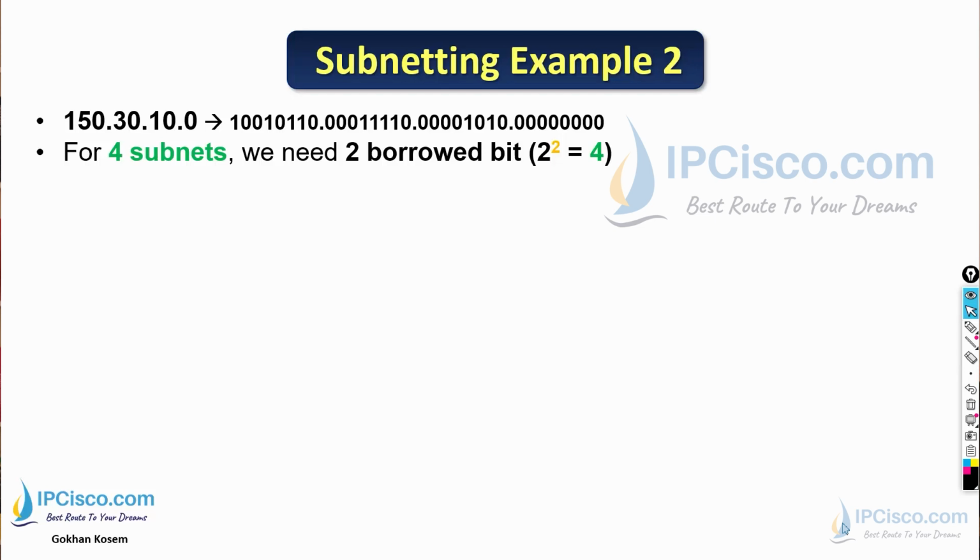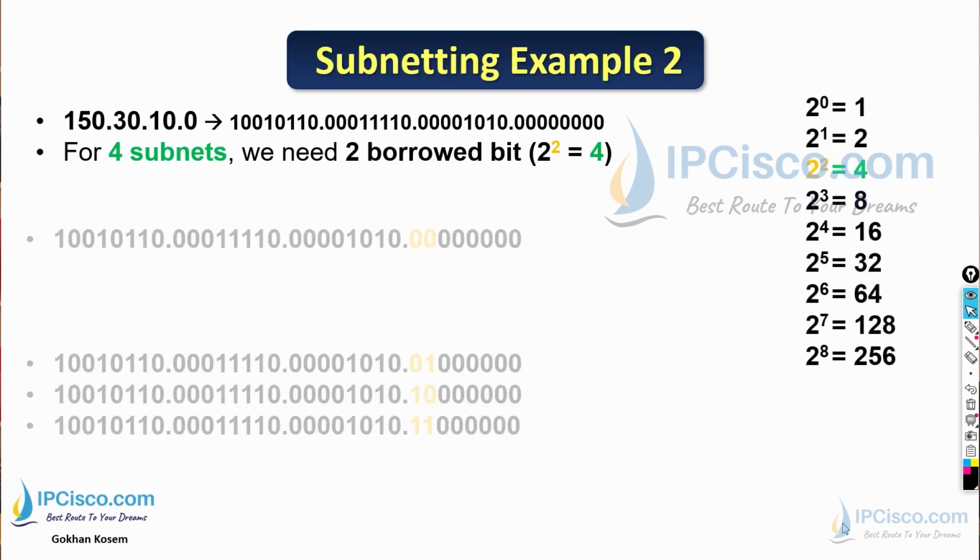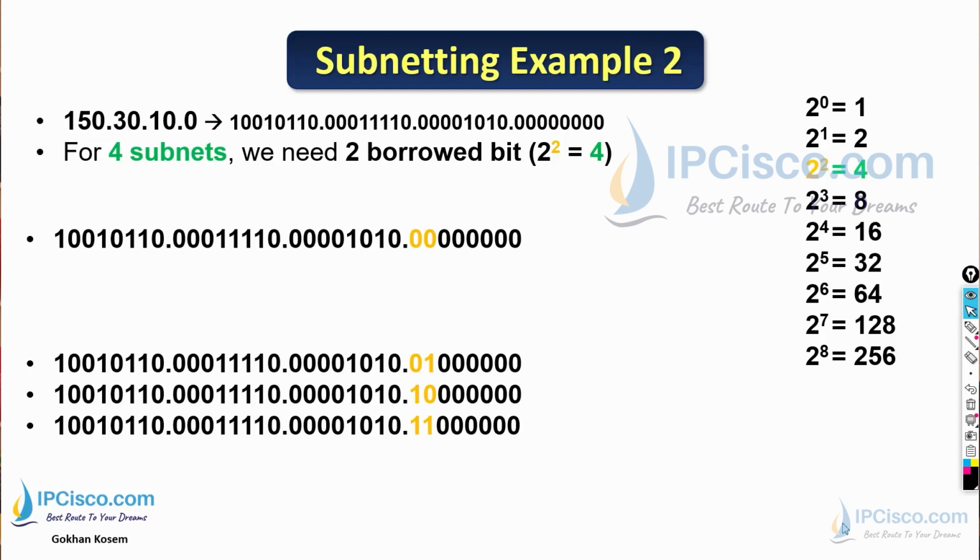Here x is 2. This means that we need 2 borrowed bits. And when we borrow 2 bits, there will be 4 different options: 00, 01, 10, and 11. And the network bits are 26 bits and the host bits are 6 bits.